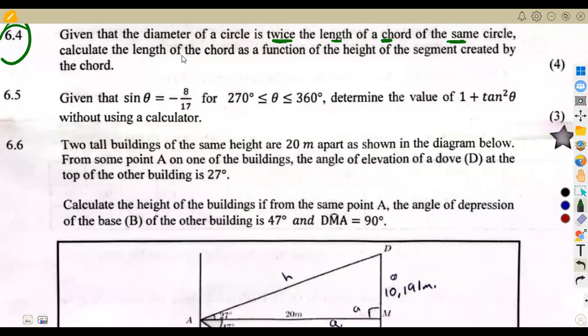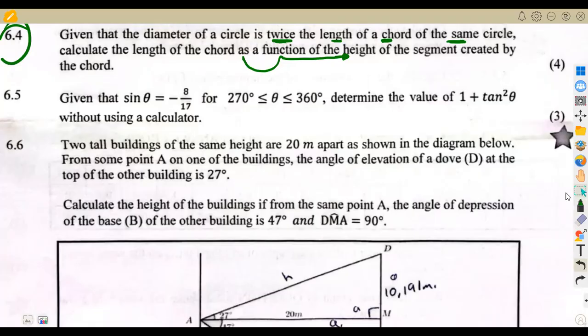Calculate the length of the chord as a function of the height. As a function of the height, meaning to say in terms of the height of the segment created by the chord. Calculate the length of the chord in terms of the height. Okay, that is what they are trying to say there.